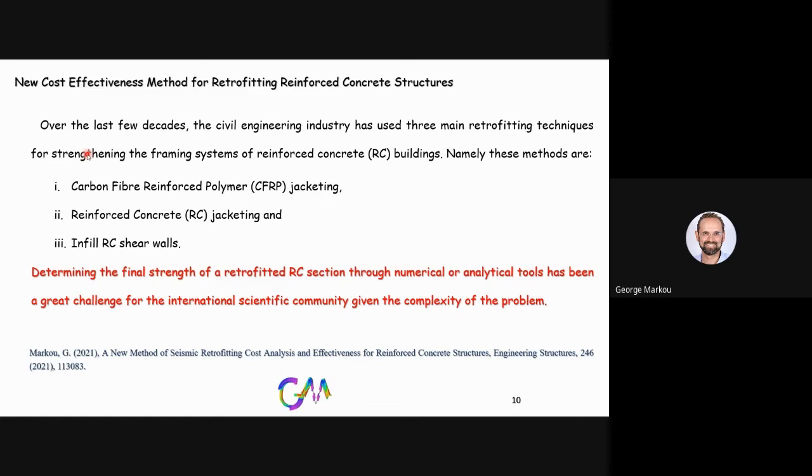Given that KANEPE, the retrofitting design code in Greece, which is considered to be the most comprehensive, uses semi-empirical design formulas, it does not provide any tools to investigate the effect of the retrofitting intervention on the overall mechanical response of the structure.